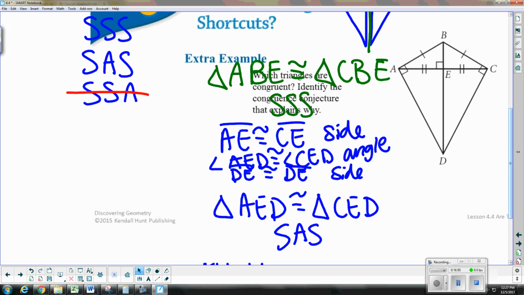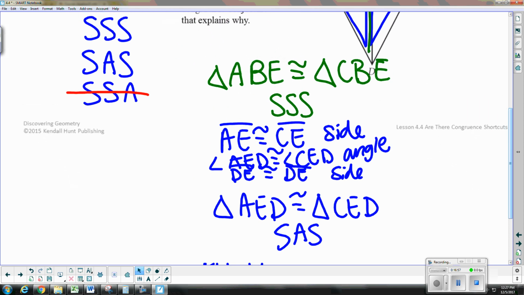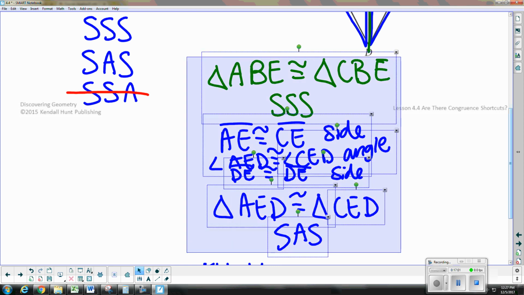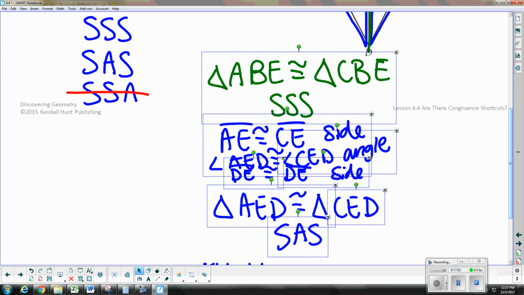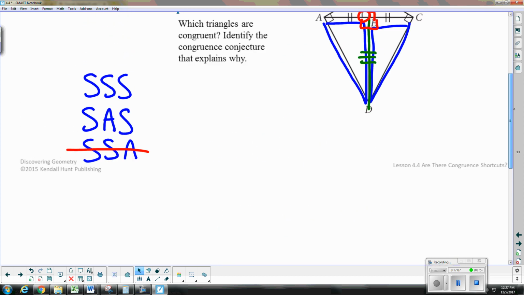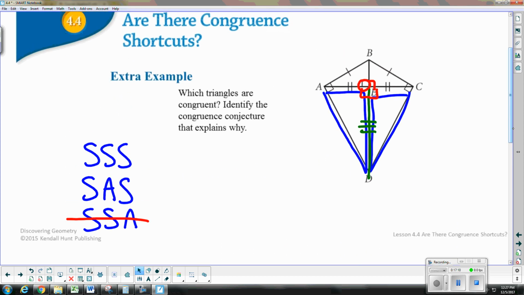Okay, I'm just going to move these all down so that I can use this space. Okay, so those are two triangles that we showed were congruent. Now, let's look at another triangle.